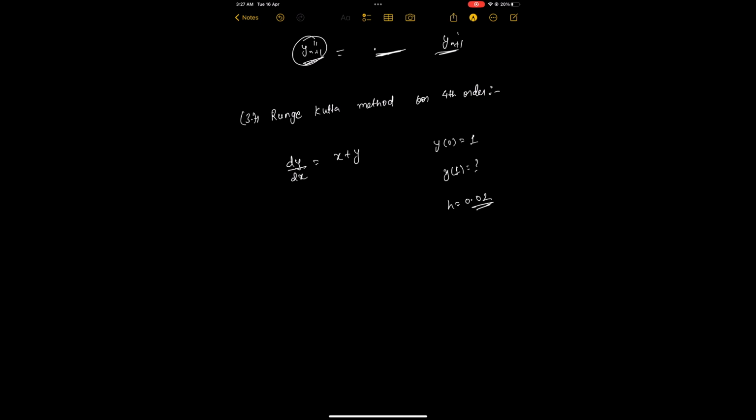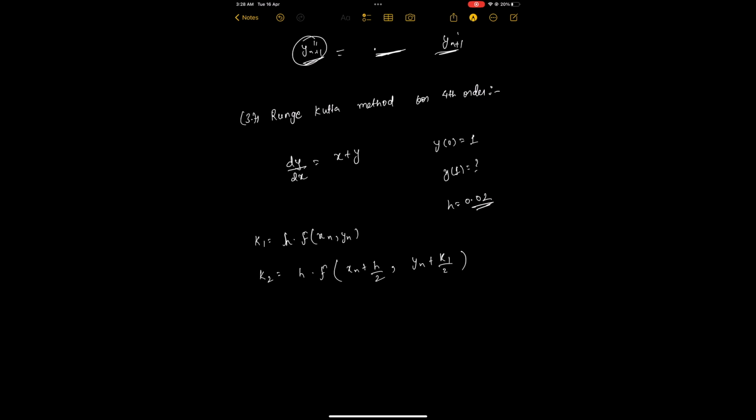In this question we calculate lots of k's: k1 equals h into f of xn comma yn, k2 equals h into f of xn plus h over 2 comma yn plus k1 over 2.